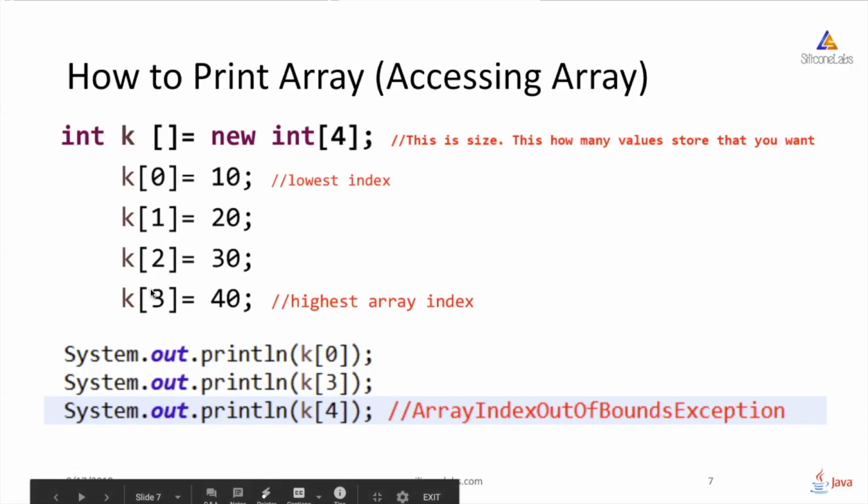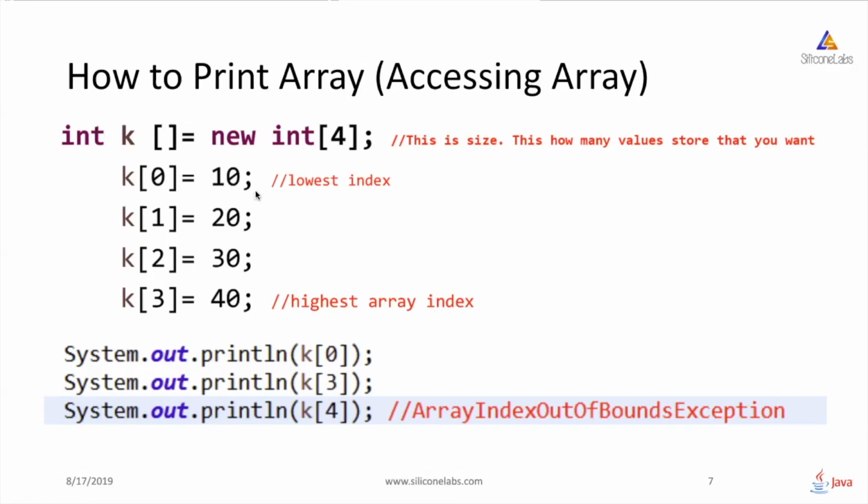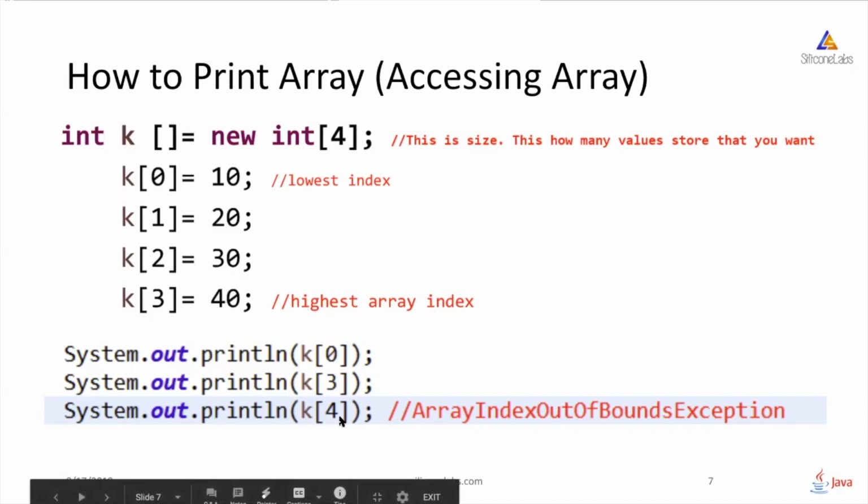Because the highest index number is 3, printing 0 is going to be okay, 3 is going to be okay, but 4 is not going to be okay because it doesn't exist in my array. Index number 4 is too much. It's out of bounds.